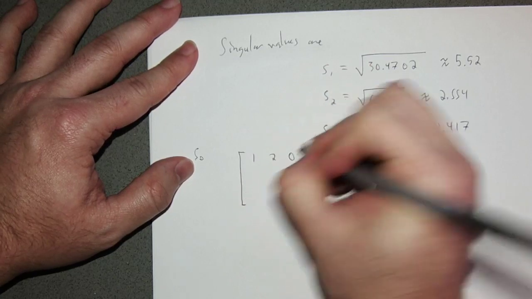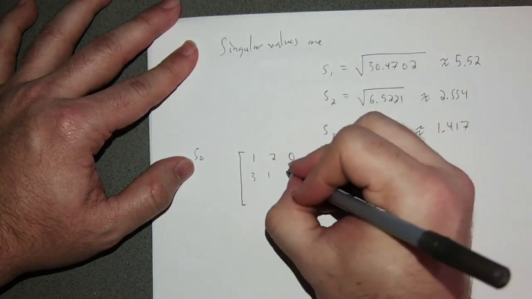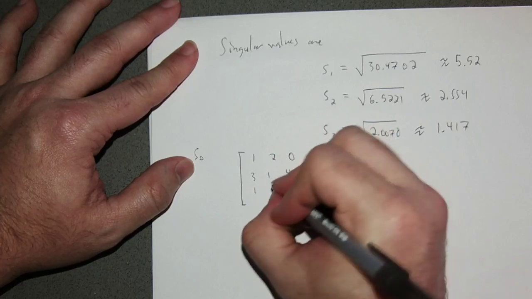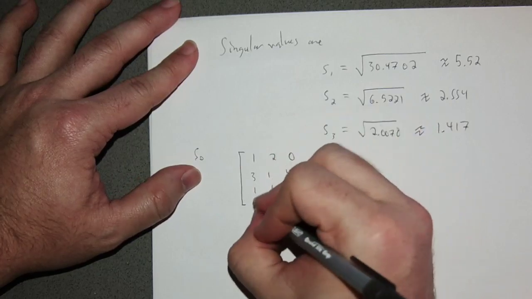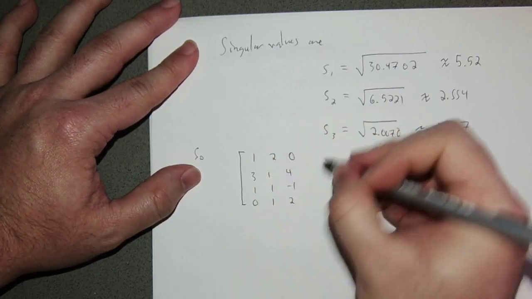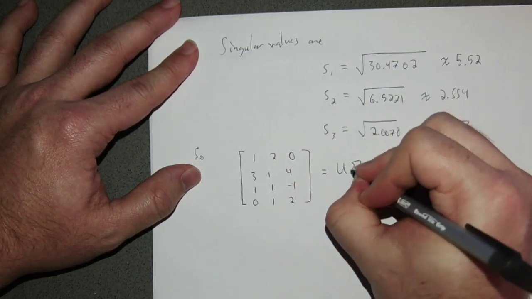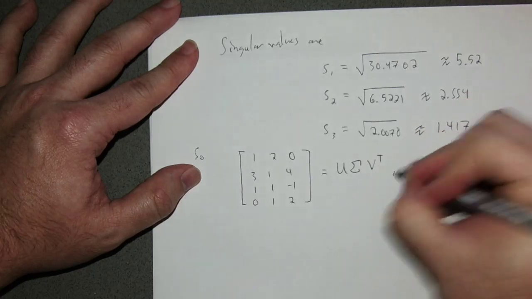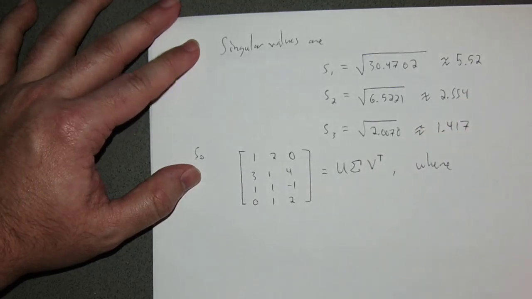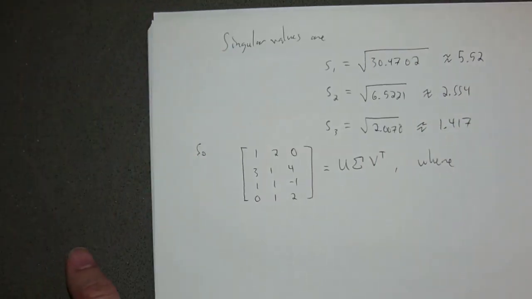One, 2, 0, 3, 1, 4, 1, 1, minus 1, and 0, 1, 2 is equal to U sigma V transpose, where I can write the following.